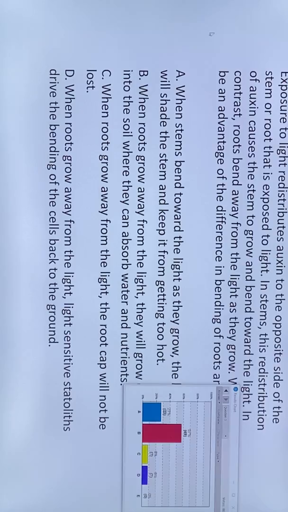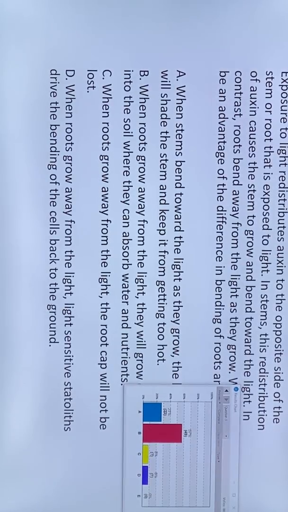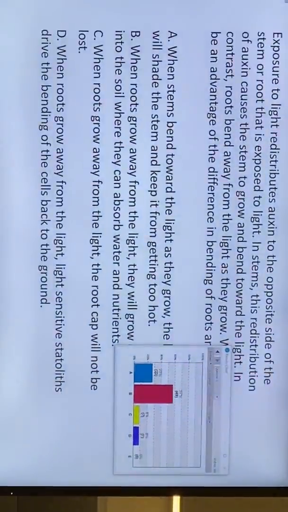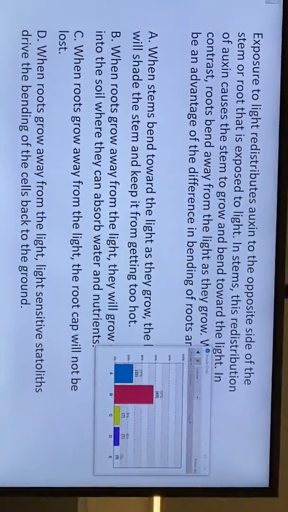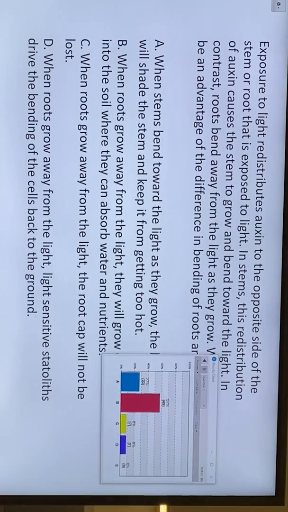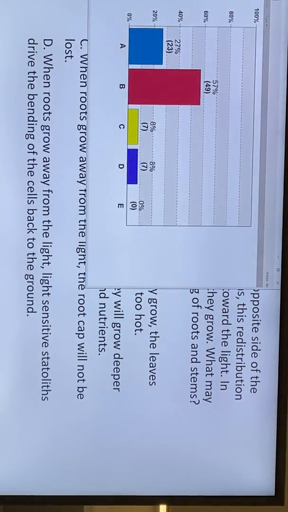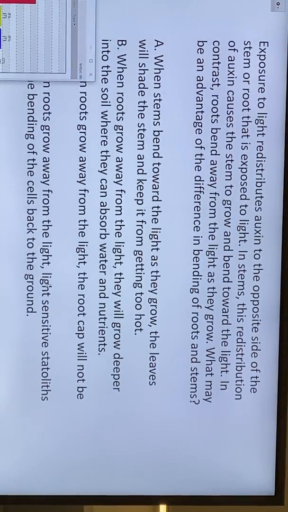So, majority of you, well, yeah, 57% of you did get this right. In terms of our second most popular answer here, which is A, when stems bend toward the light as they grow, the leaves will shade the stem and keep it from getting too hot.